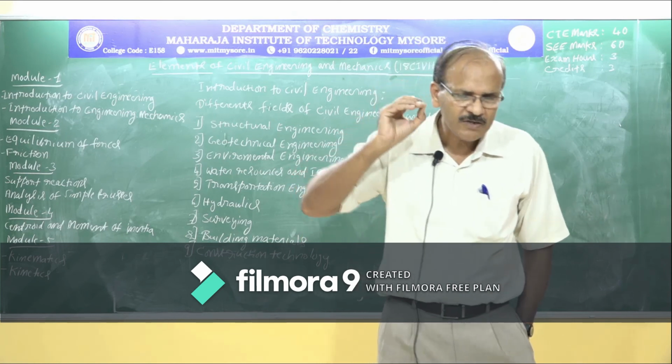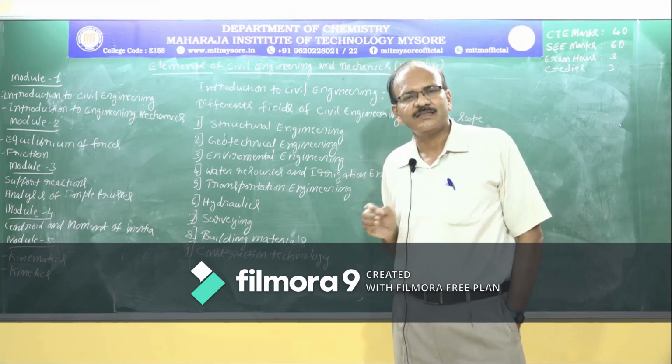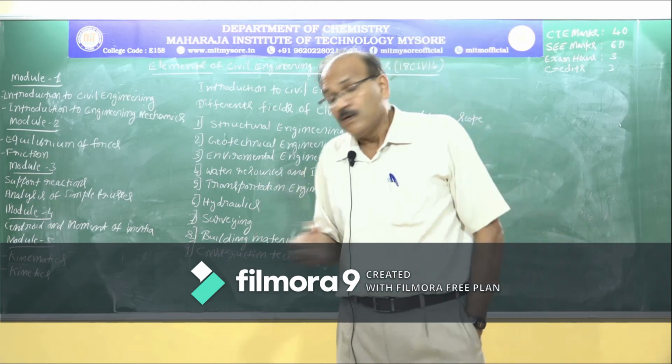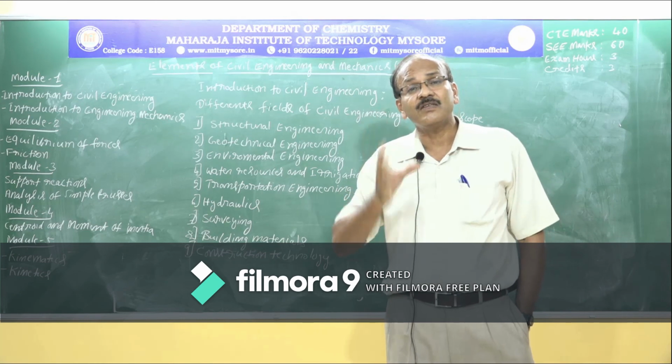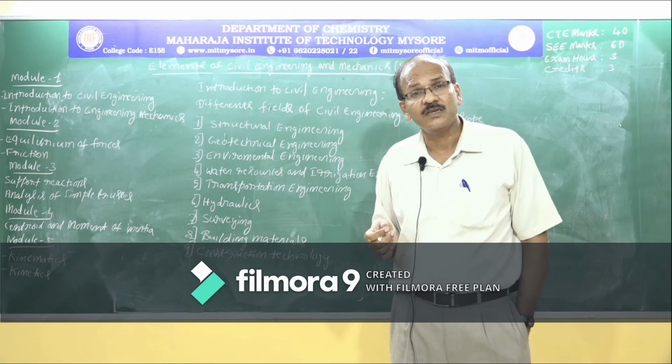Actually 415 Newton per millimeter square is the characteristic tensile strength. That is the steel, and we also conduct different tests on the steel, such as compression test, tension test, torsion test, etc.